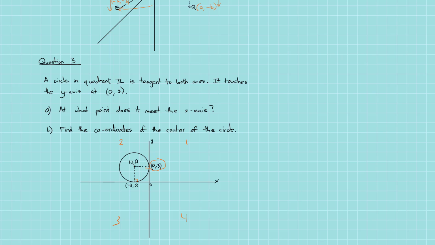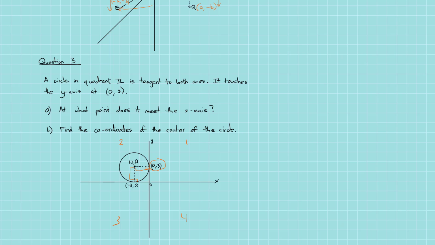Now, if you think about how you can go from this line to this line, we actually have a rotation of 90 degrees. And that would just bring us to minus 3, 0. So just by understanding that situation, we can deduce what the coordinates on the x-axis would be, minus 3, 0.